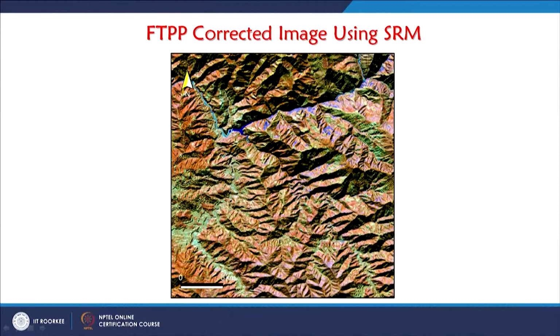So, in this image north is upward, no issue about that, and the river has gone into the valley, that means the FTPP has gone, and this image or its product can be used with other data sets without rotating the image. That is the underlying point, that here we are not rotating the image, but still getting rid of FTPP.